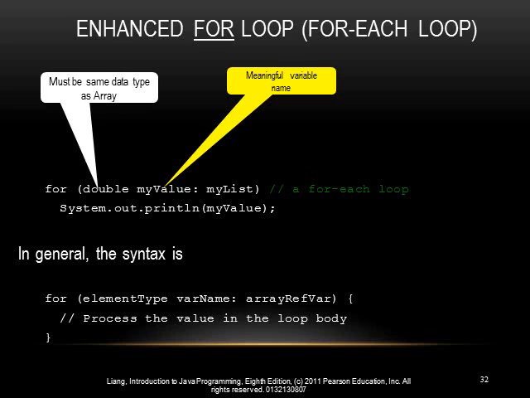Note also that the for each loop only allows sequential, that is element after element, processing of the array, and can only be used to read the values of the array. You still must use an indexed variable if you wish to traverse the array in a different order or change the value of any of the elements in the array.